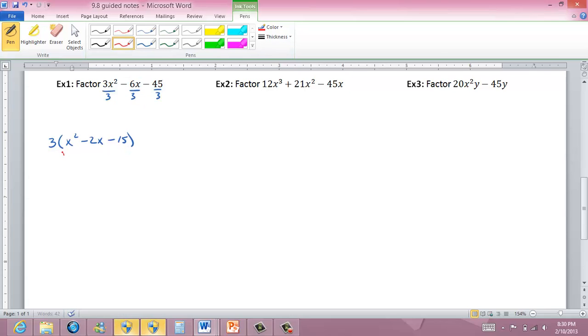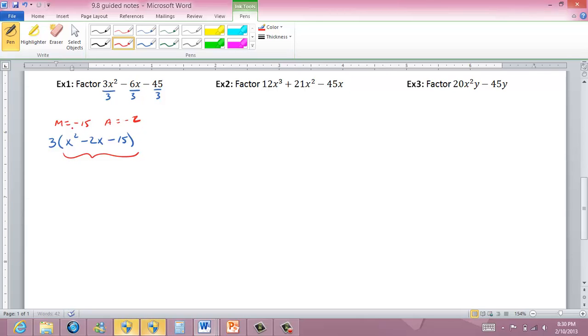Now, when I look at this remaining polynomial, I have to ask myself, one, is it factorable? Two, what type of factoring problem does it give me? Well, looking at it, I know I'm going to be looking for numbers that multiply to give me negative 15 and add to give me negative 2.